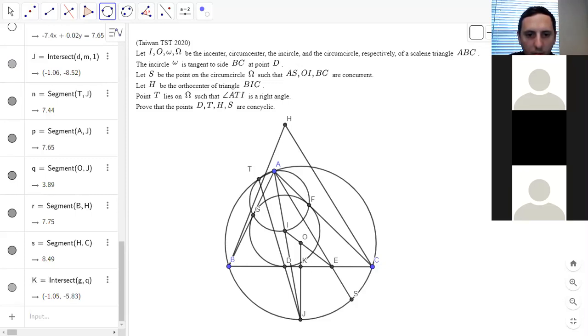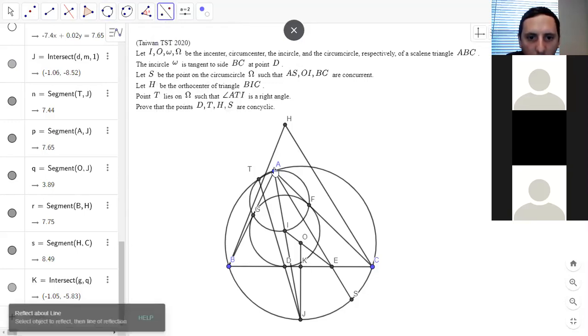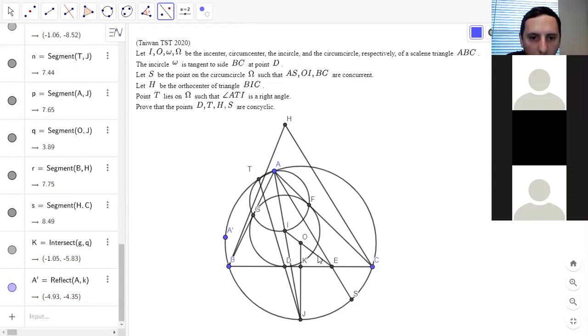Let A prime be the reflection of A over OI. We will have A prime, D, S are collinear.